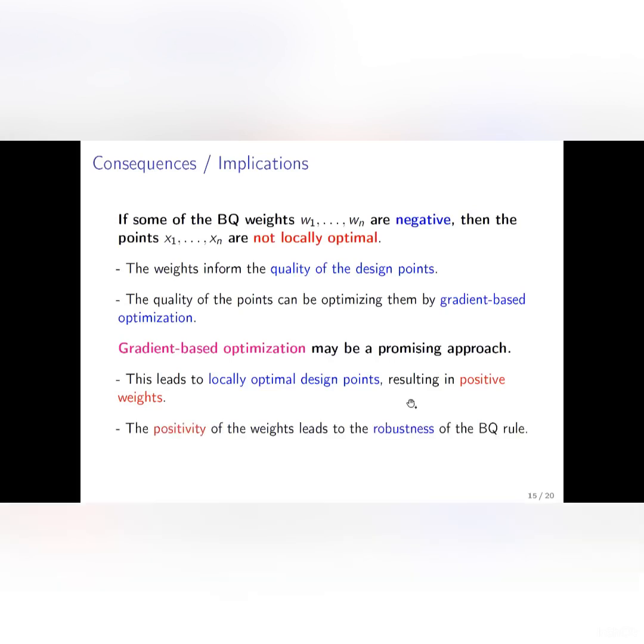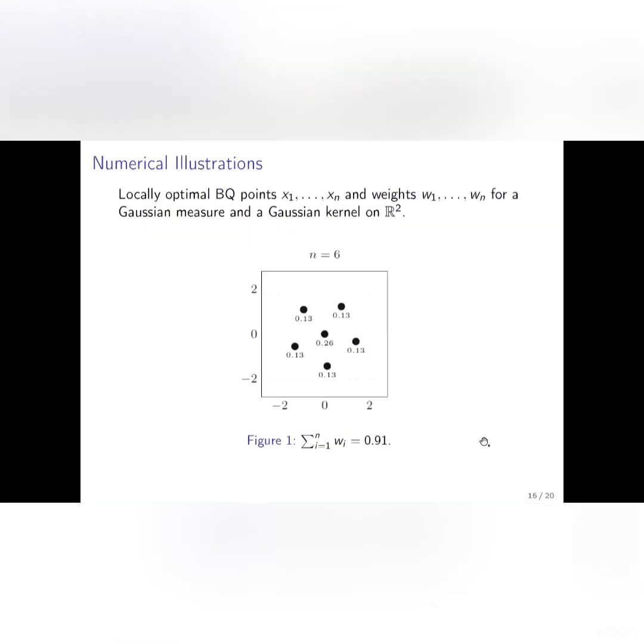And then the positivity of the weights leads to the robustness of Bayesian quadrature. So I think this is a nice point.